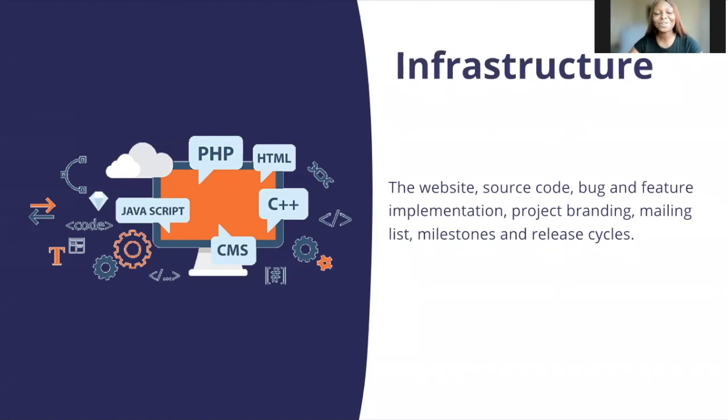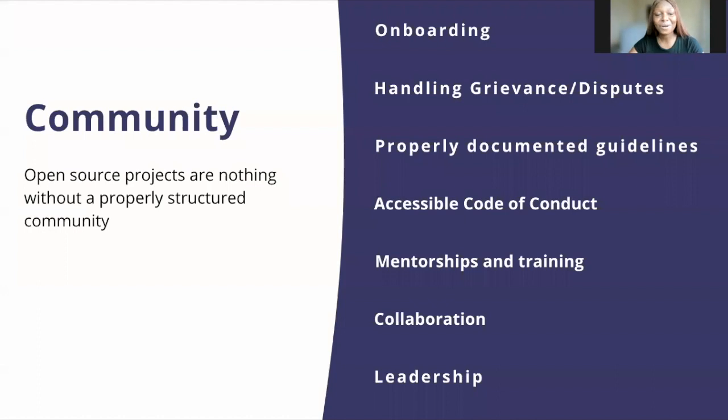Now, once we have all that put in place, we then move forward to the community, which is where everything actually takes place, because this is the backbone of our open source projects or open source communities. Now, under our community, we want to take so many things into consideration. That is the onboarding, handling grievances and disputes, properly documenting guidelines, because you definitely want people to come in and know where and how to get involved.